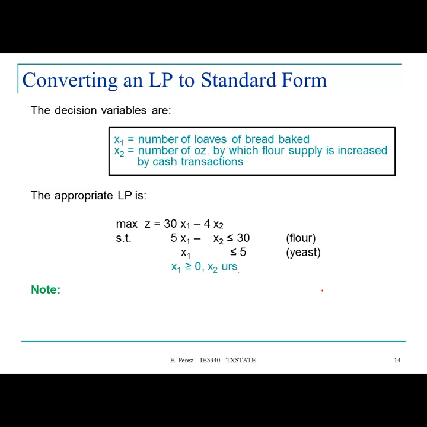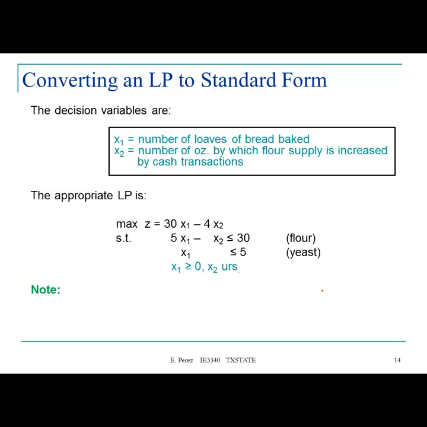But that also can be a positive or an increase in your revenue if you end up selling the leftover. So that's what is interesting about this problem, because that X2 is unrestricted. It could be positive or negative, depending on if you sell or if you buy the raw material.